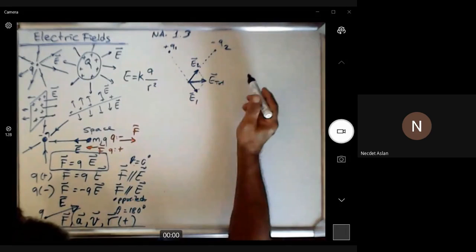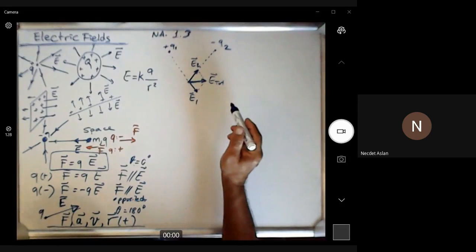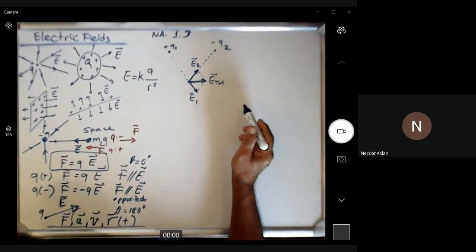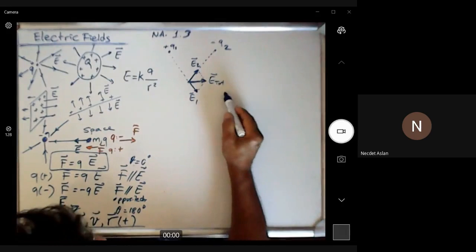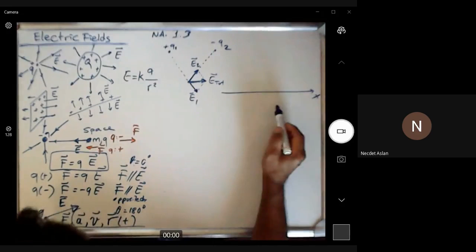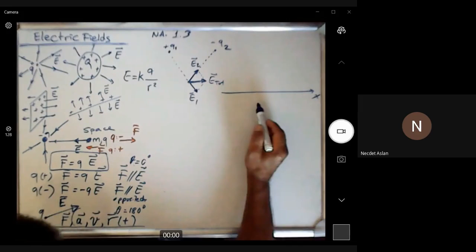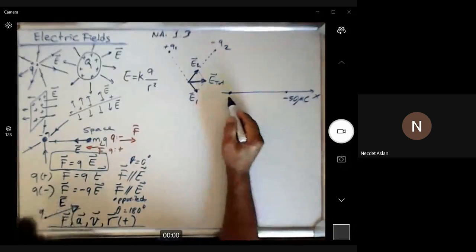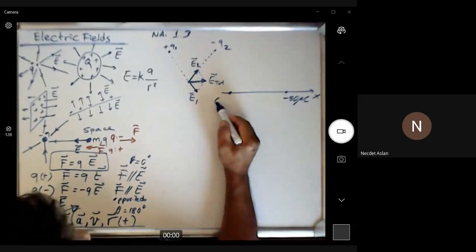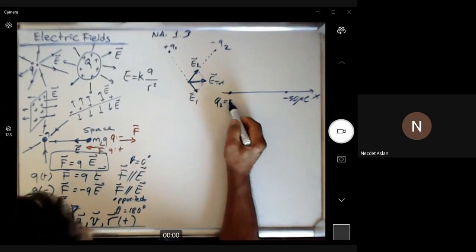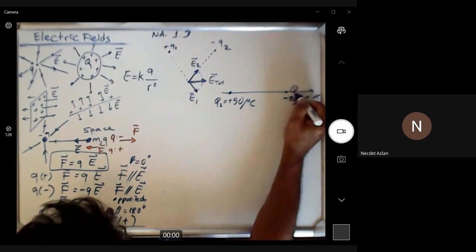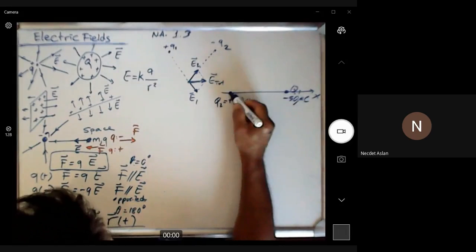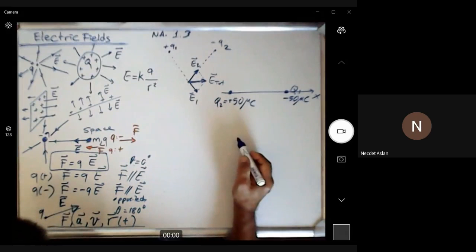Good. So now let's have a problem in which there are two charges like that, and let's give a numerical example. Q1 is minus 50 microcoulomb, and another charge, Q2, is plus 50 microcoulomb. So this is negative charge, this is positive charge.